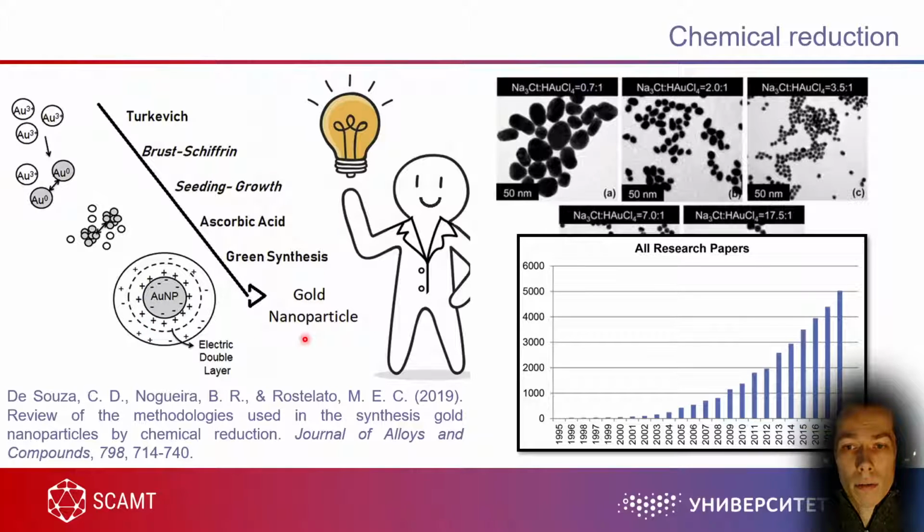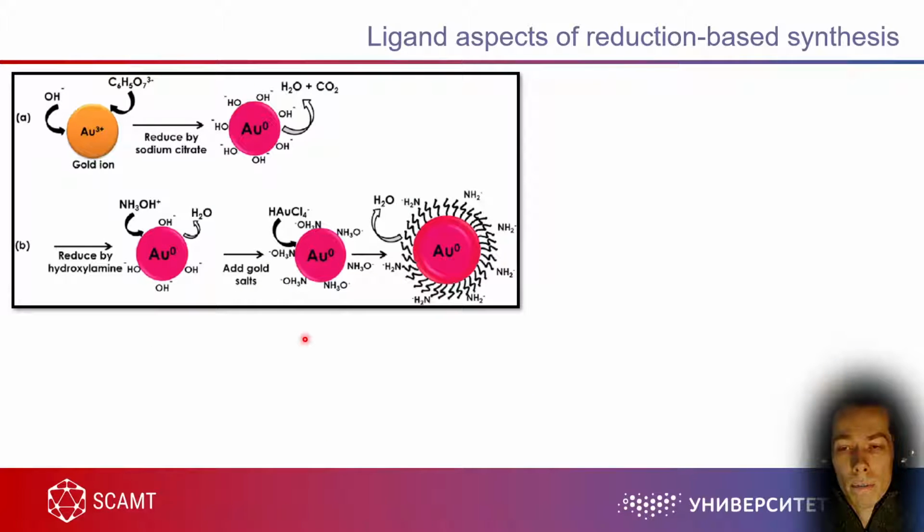And let's talk a bit more precisely about the stabilization of these particles. On the example of gold nanoparticles, when gold nanoparticles are produced, they basically consist of gold ions, Au3+, and on the surface of these particles, in the case of, for example, reduction by sodium citrate, there are a lot of hydroxyl groups, and this is electrostatic stabilization basically.